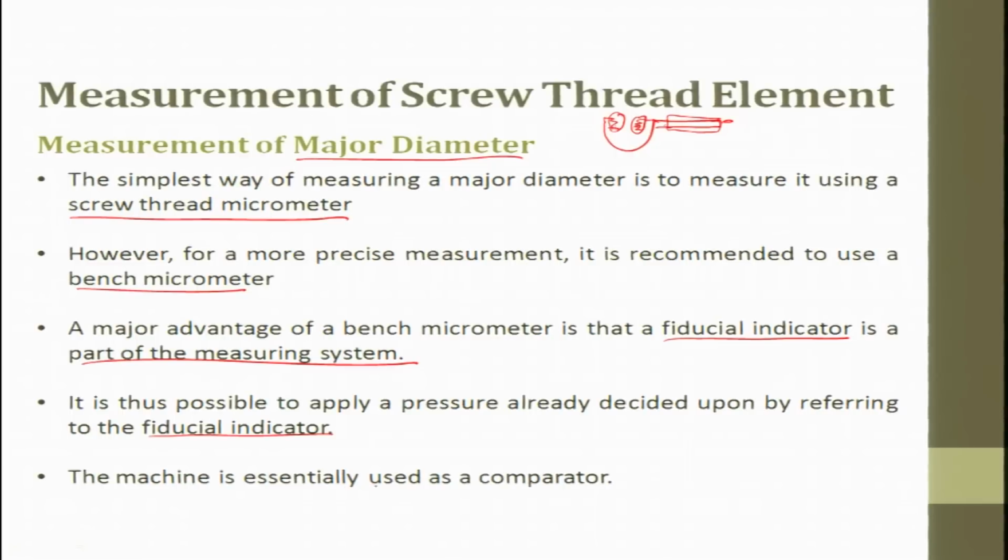The machine is essentially used as a comparator. We covered this topic under the comparator, when we finished vernier caliper and screw gauge, we also studied the bench micrometer, which is very important. The bench micrometer is predominantly used to measure the major diameter of screw threads. So, you have this fiducial indicator.